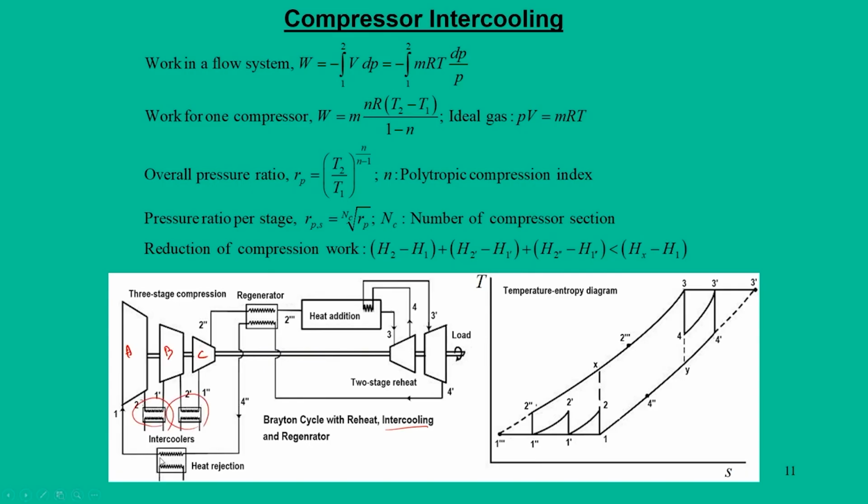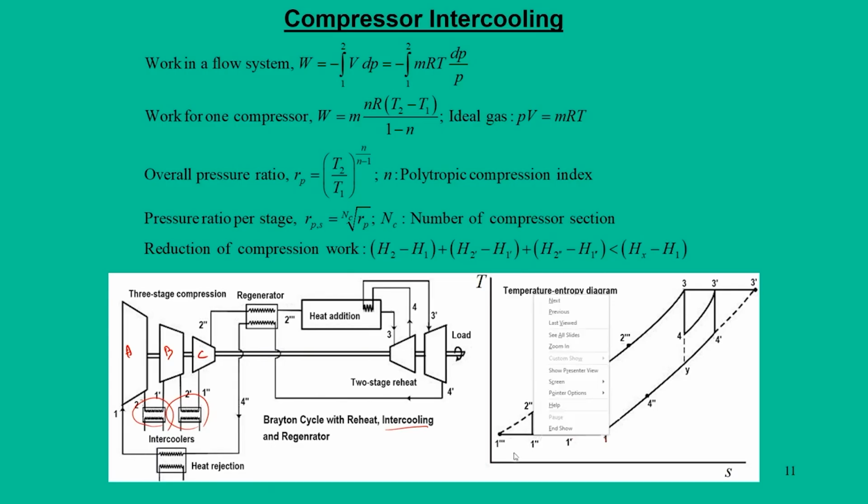So, basically there are 2 intercoolers. Instead of going for the compression process from 1 to X, we are doing that compression in stages: 1 to 2, then bringing 2 back to the initial temperature, which is 1 dash, then compressing again to 2 dash, then coming back to 1 double dash.